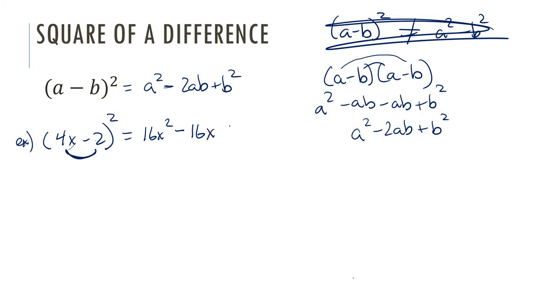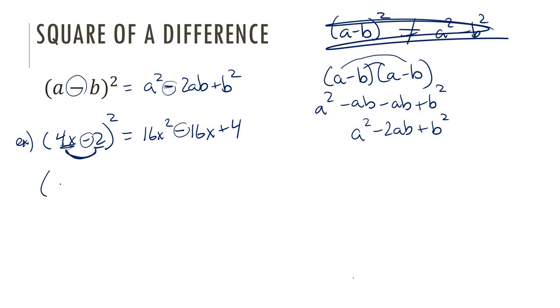And then negative 2 times negative 2 is positive 4. Notice that this negative sign does not come into play. That's part of the pattern. And I'm just taking the a and the b and multiplying them together and doubling them to get the middle.